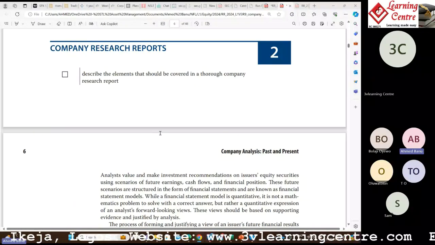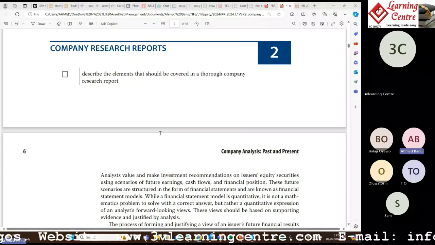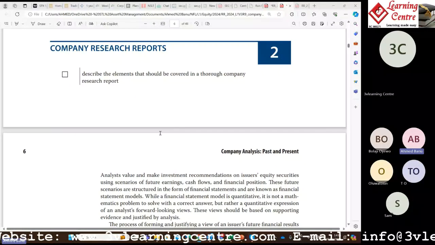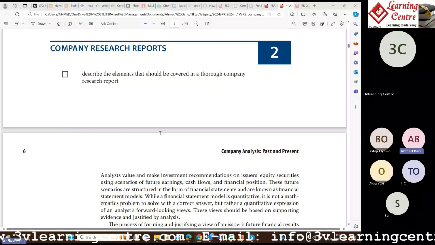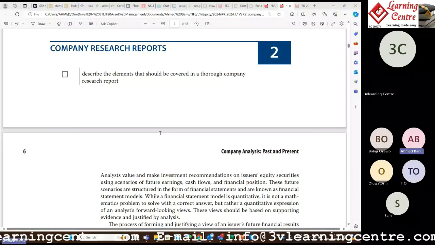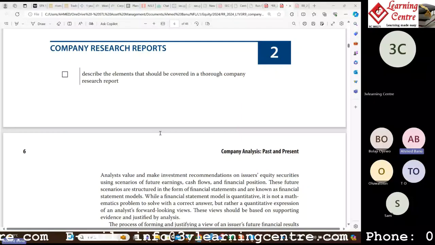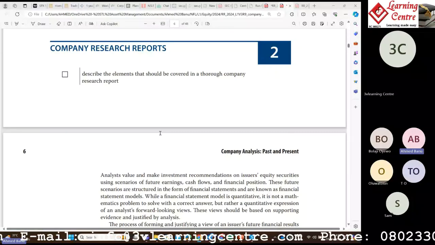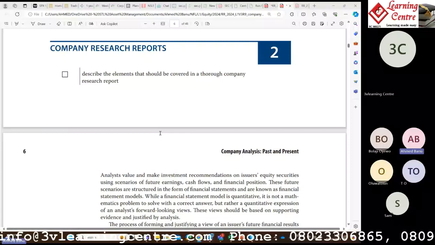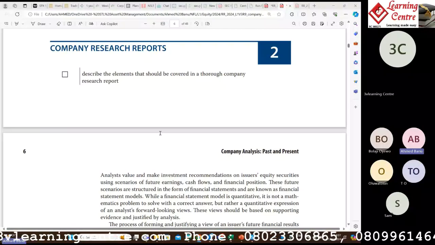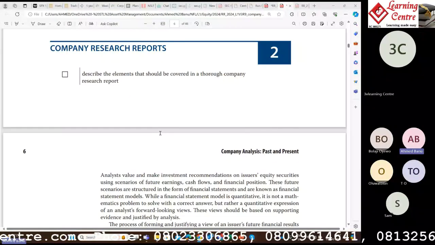Based on the information they've gathered, they can end this report by telling you to either buy this stock, sell this stock, or hold this stock. That's basically what the research team of an investment firm should be making available to either clients, investors, or their portfolio managers, depending on which side you sit on.